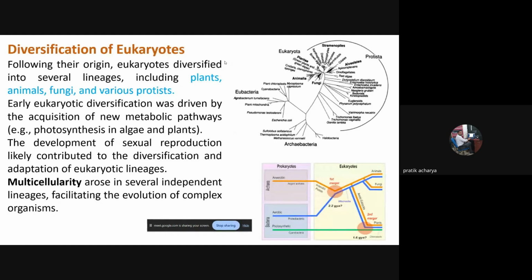The diversification point always focuses on the process of mutation, and the mutation is caused by any kind of environmental change, environmental pressure. So this is the process of diversification. How this diversification of eukaryotes occurs, that is very important.